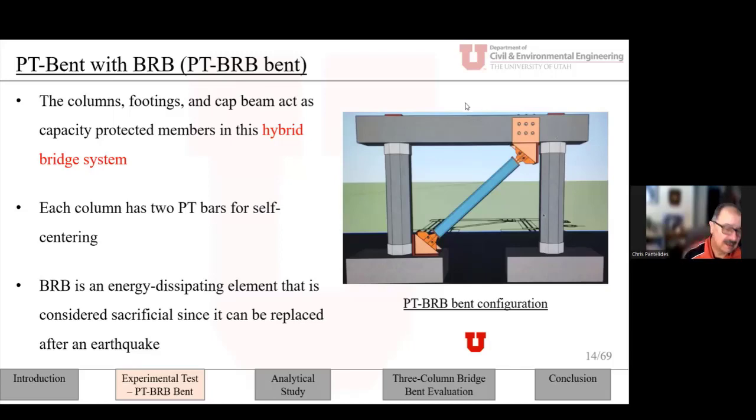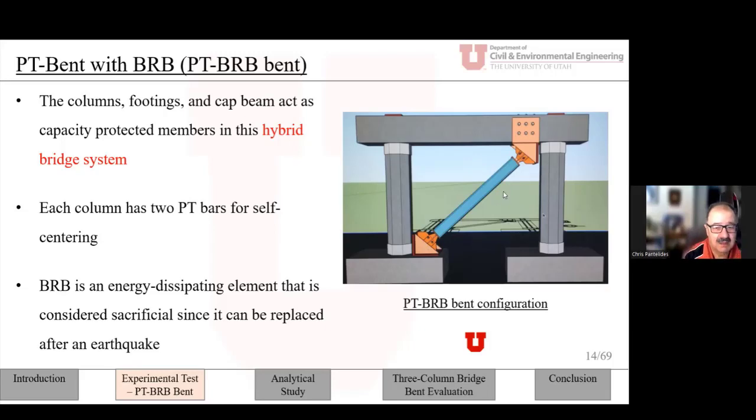And as far as the energy dissipation brace, this brace is attached to the pile cap, I will show you the details, and also to the cap beam. And this is, of course, considered to be a sacrificial member because after an earthquake, we can replace this BRB with a new one if it gets damaged.